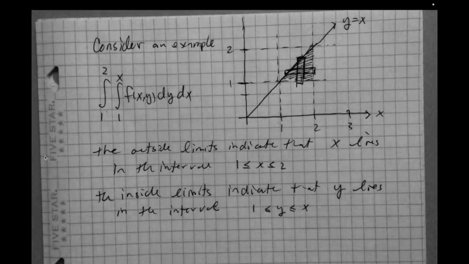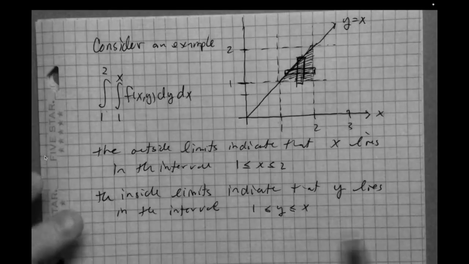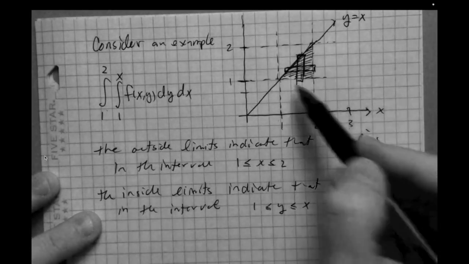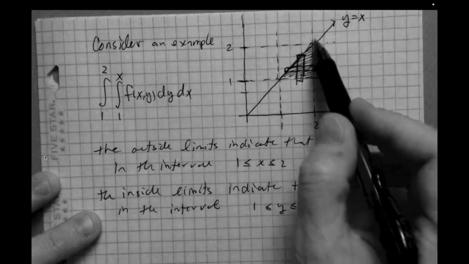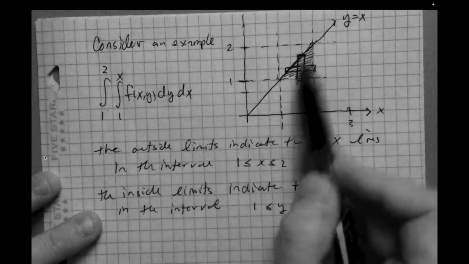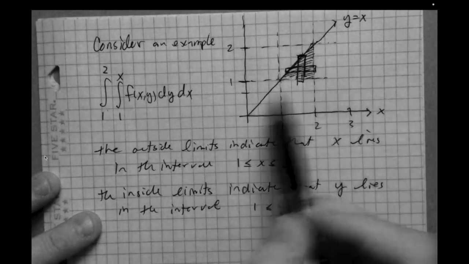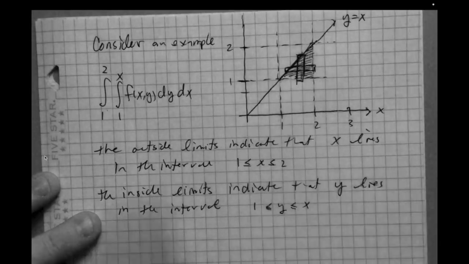Now, don't worry too much about those rectangles. Those are just me trying to indicate the direction. But can you see that this integral here would actually provide you with this area?